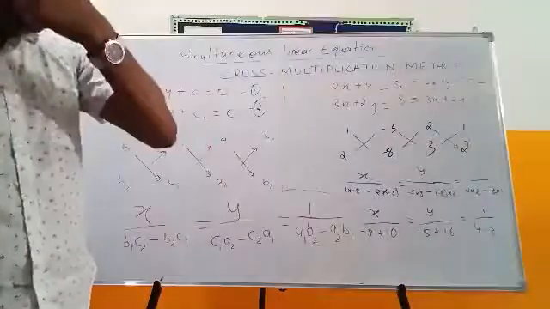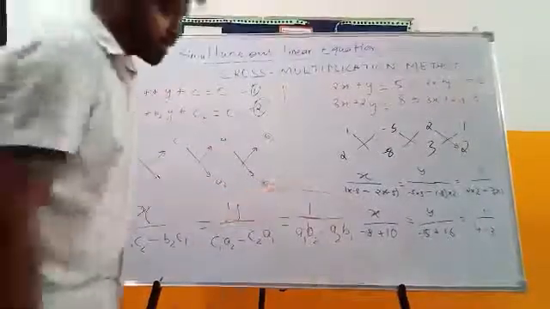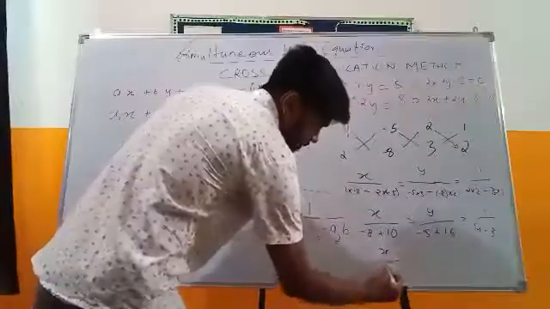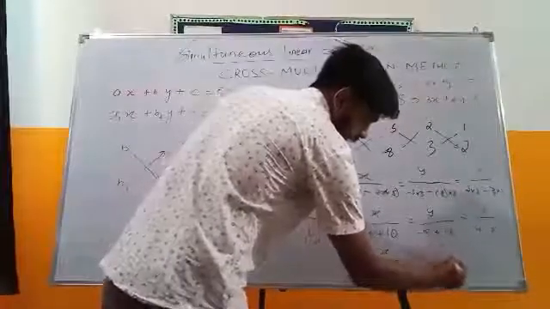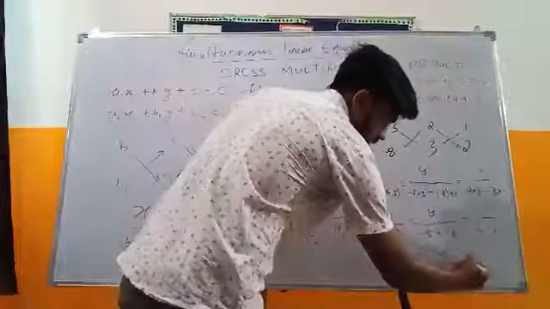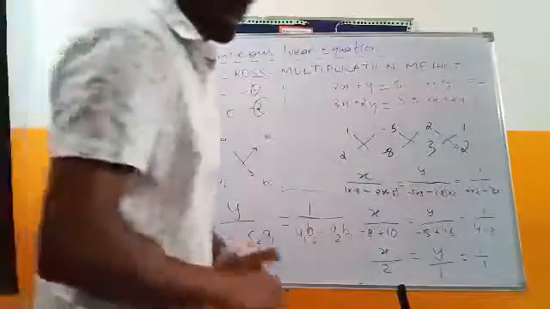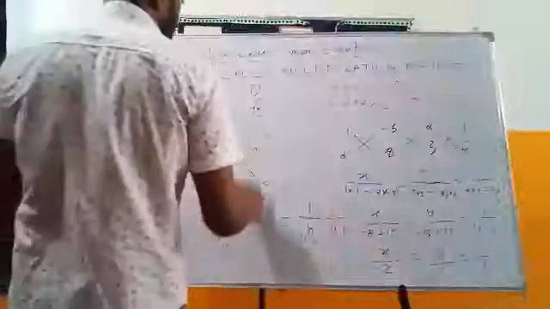I can solve this question further. So I'll be writing x upon 2 equals to y upon 1 equals to 1 upon 1. If you see carefully, you'll get this. Now if I have to find the value of x, what to do?